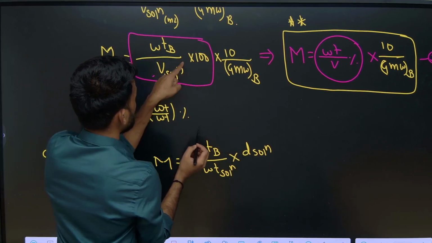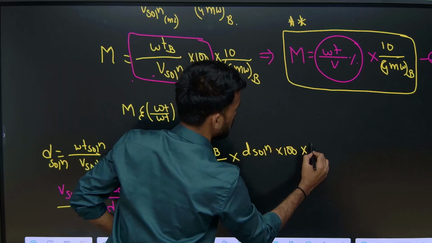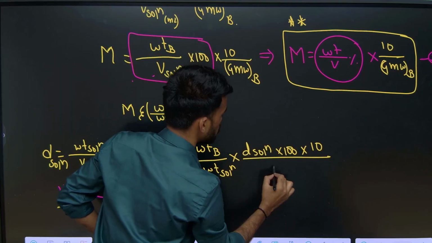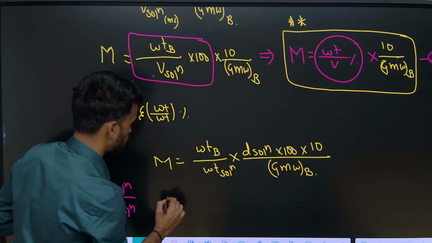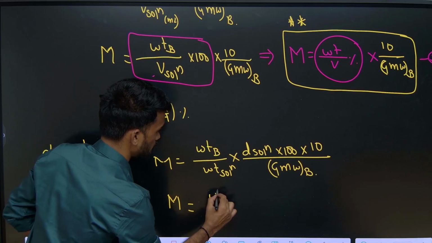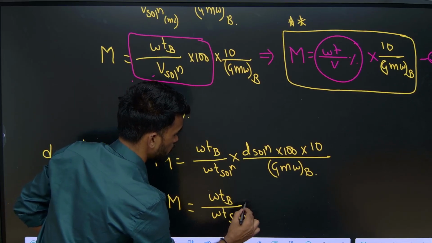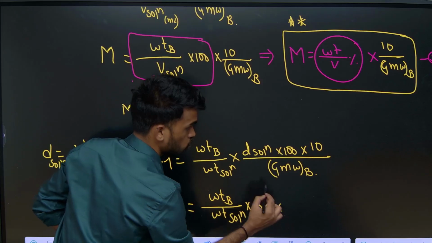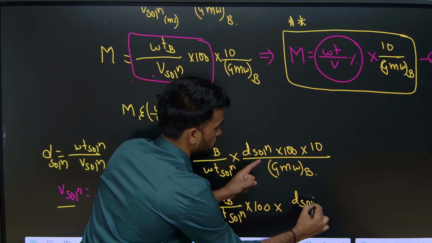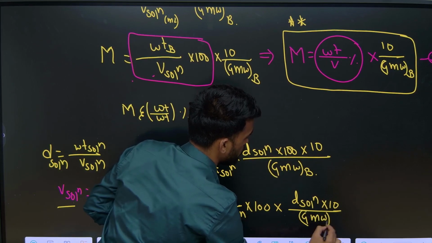Here 100 is there, so into 100 into 10 divided by GMW, gram molecular weight of solute. So we can write weight of solute by weight of solution into 100, into density of solution into 10 by GMW, gram molecular weight of solute.